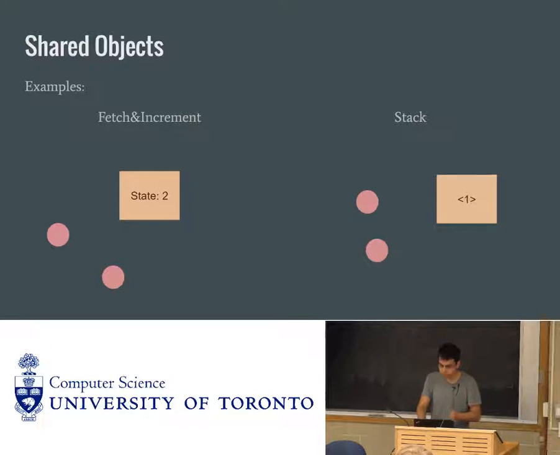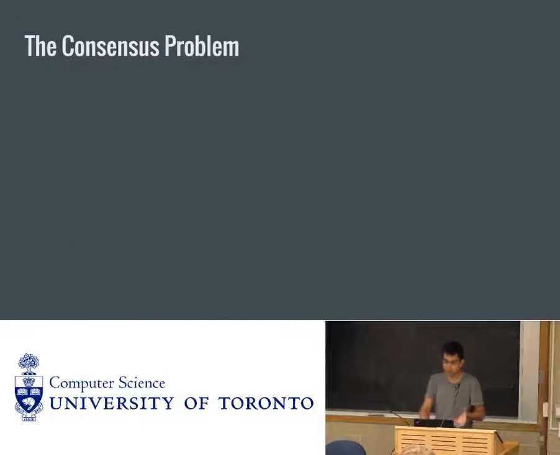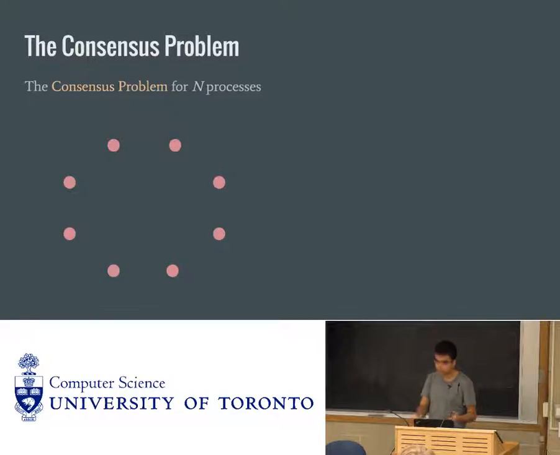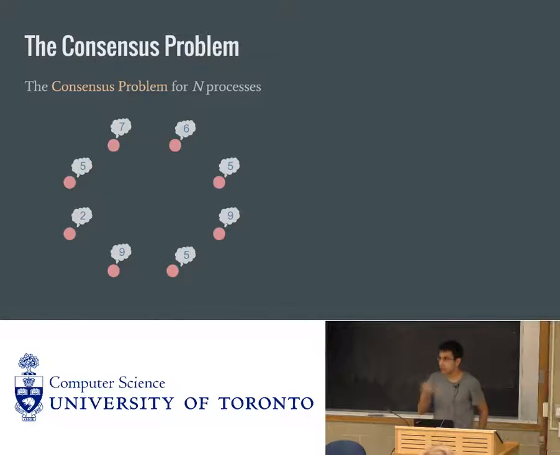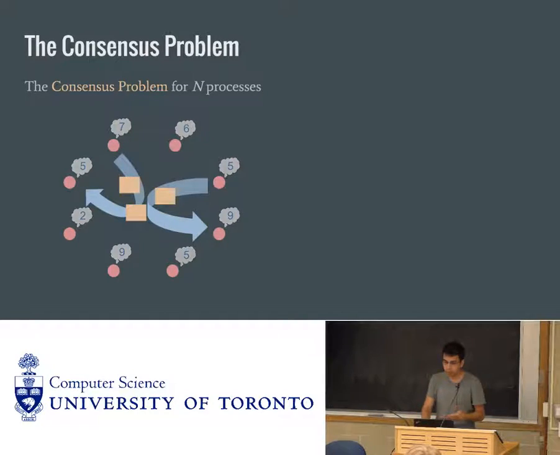And now that you understand what a shared object is, we can introduce the consensus problem. For n processes, the consensus problem is as follows. Suppose you have n processes, and they're each given an input. These are the input values. They can be different. They can be the same. What they have to do is use the shared memory, communicating using shared objects, in order to decide a value.